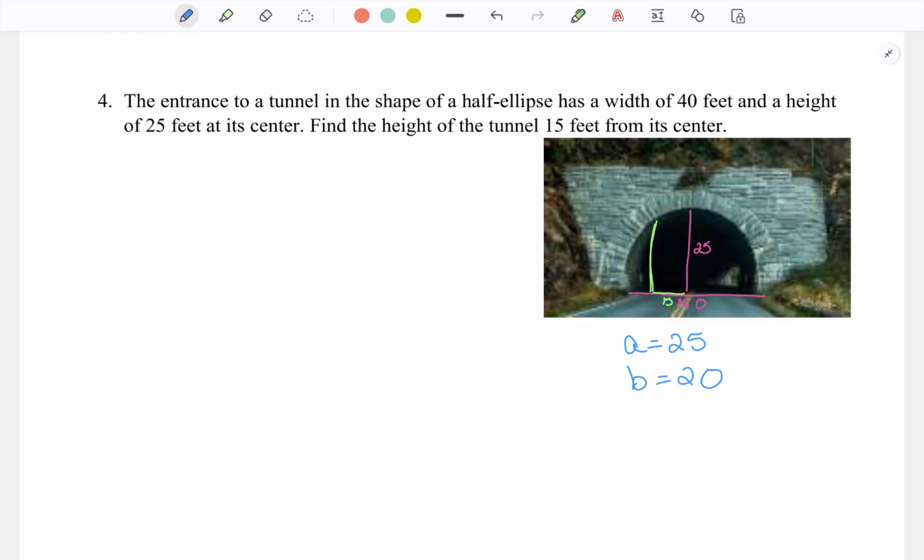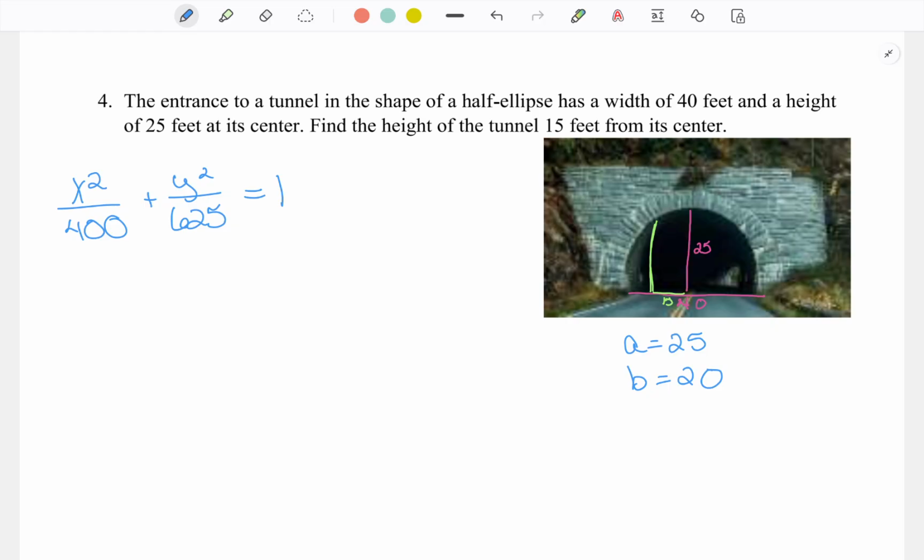And so if we use that center as 0, 0 again, we can have x squared over 625. Actually, I think this is going to be vertical. So let's go ahead and do x squared over 400 plus y squared over 625, and that's going to equal 1.